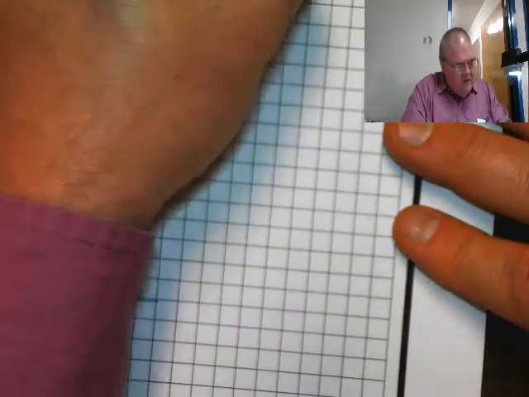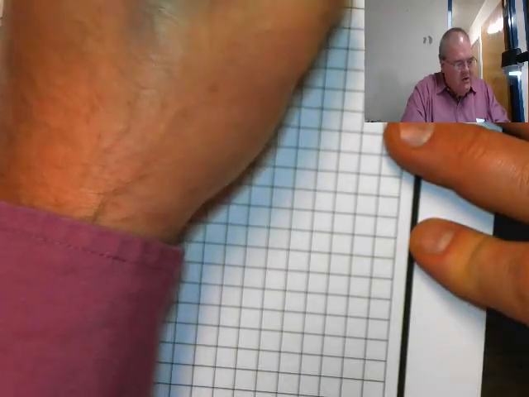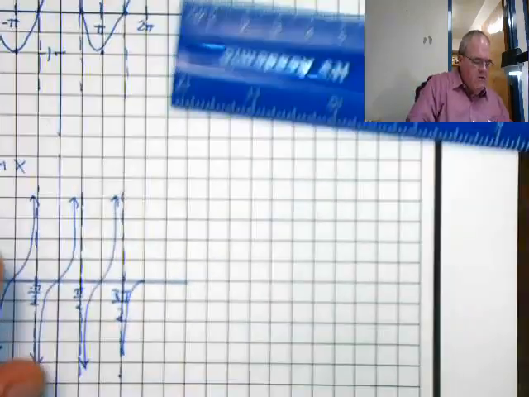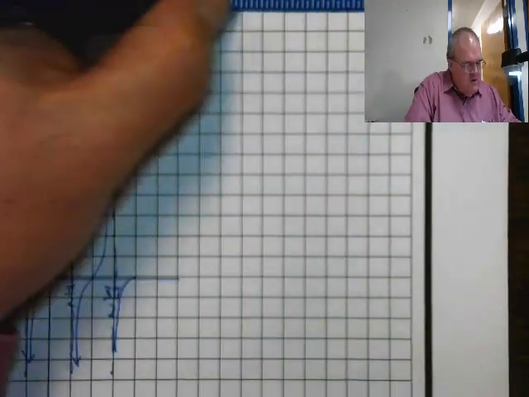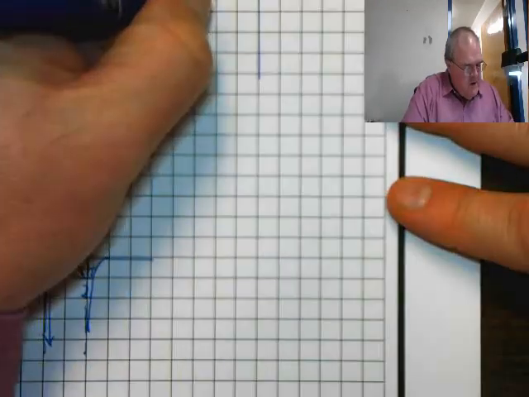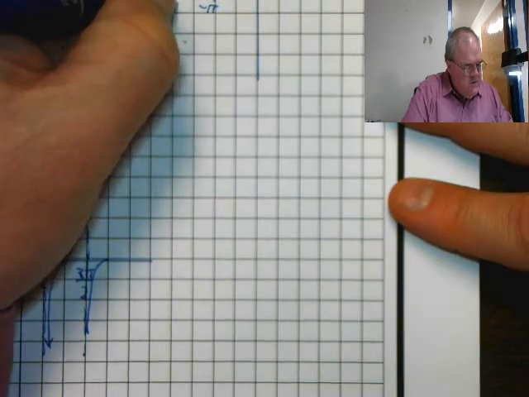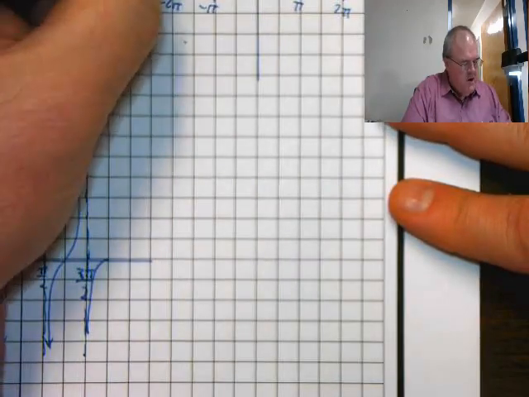And when we look at the cotangent of x, we're looking at the cosine of x over the sine of x. So when we see sine of x equals 0, we're going to have an asymptote. So we're going to draw our cosine curve. And we're going to have negative pi, negative 2 pi, pi, and 2 pi.